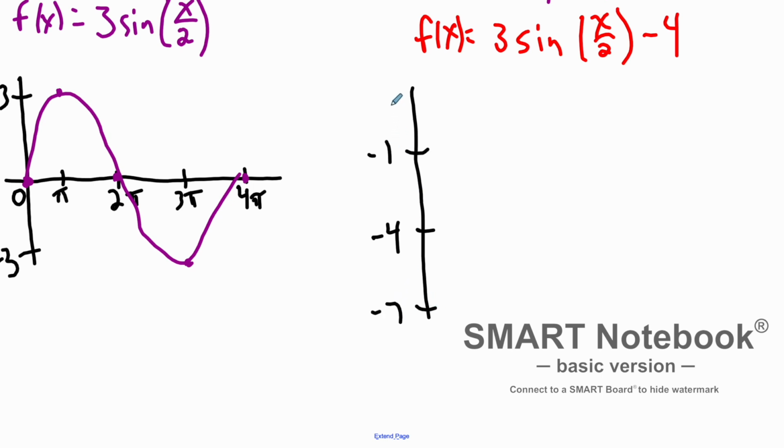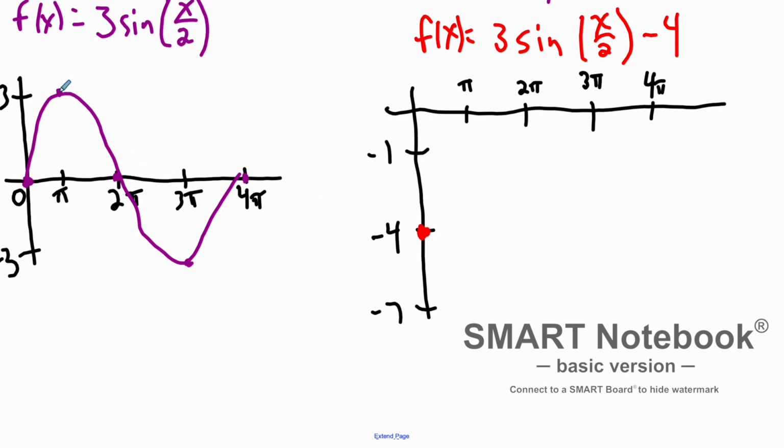All right, so I don't have anything above the x-axis here. Everything is down here below the x-axis. But I'm going to rewrite my points here. So pi, 2 pi, 3 pi, and 4 pi. All right, so let's track these points again. Starting off at 0, 0, -4 gives me 0, -4.